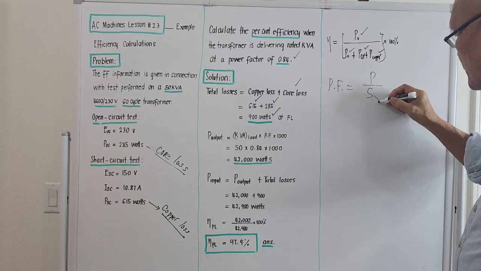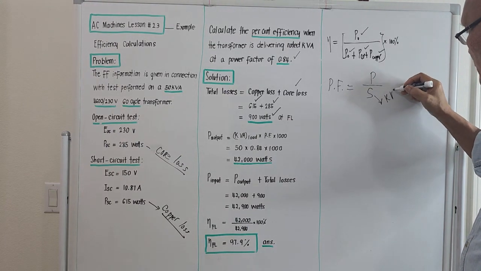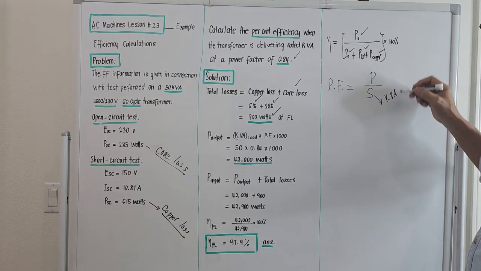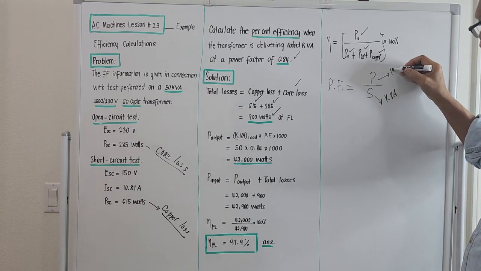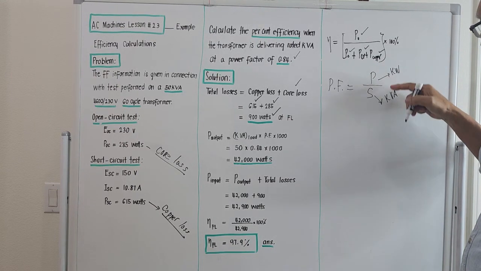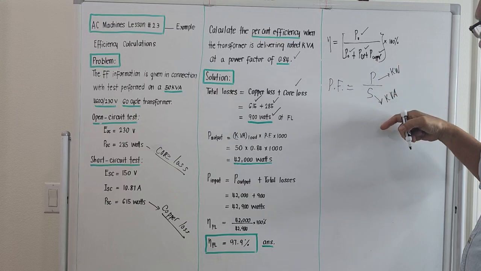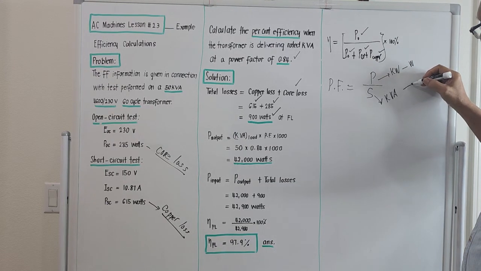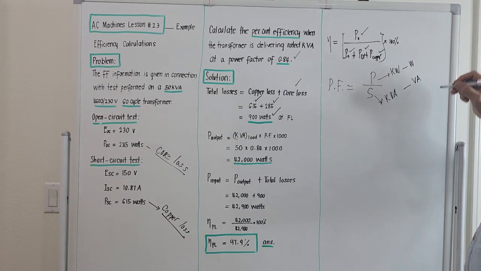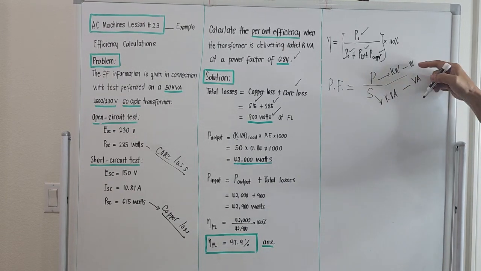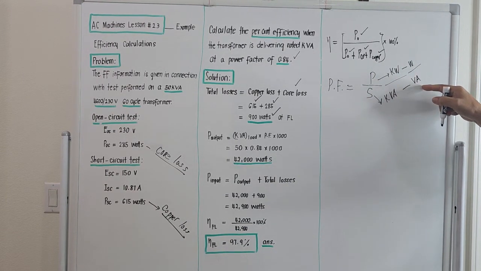And this apparent power is represented in kVA. So if the true power is in kilowatts, this K, it's fine. They are of the same nature, right? Kilowatt over kVA. So if the true power is in watts, the apparent power should only be volt-ampere. So you could divide a kilowatt over kVA or simply watt over VA.